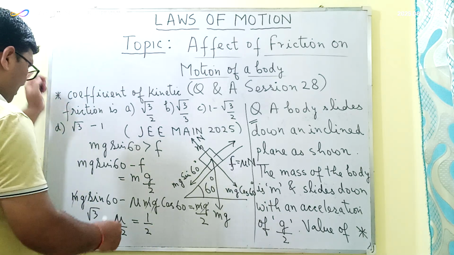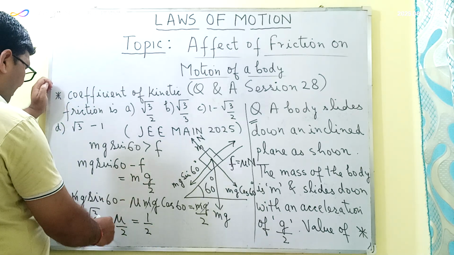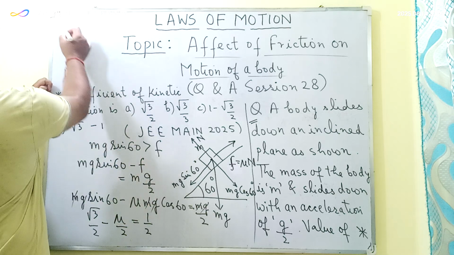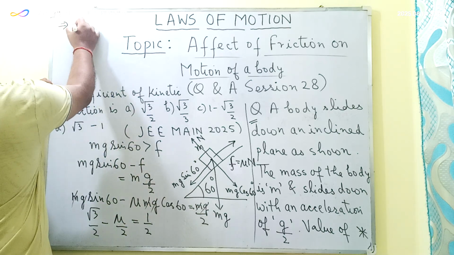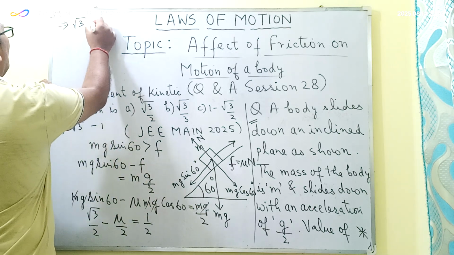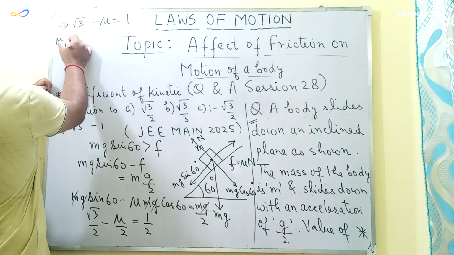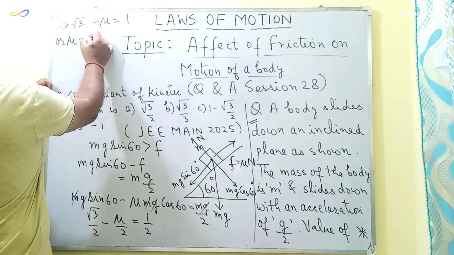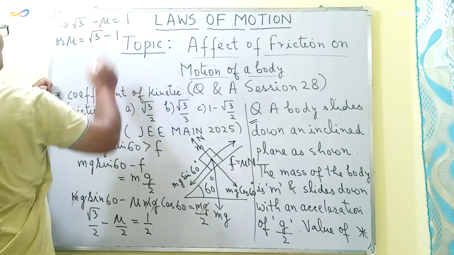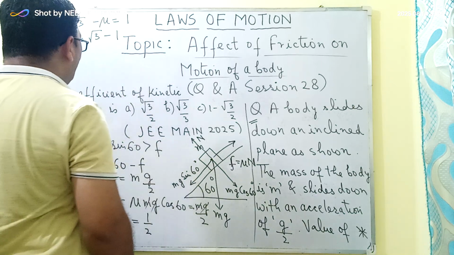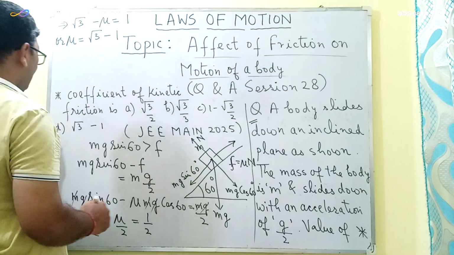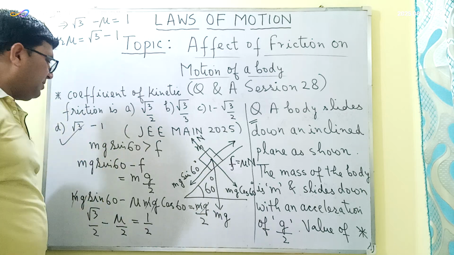So it implies that root 3 minus mu is equal to 1, or we can say that mu is equal to root 3 minus 1. So the coefficient of kinetic friction is equal to root 3 minus 1, and the correct option here is D.